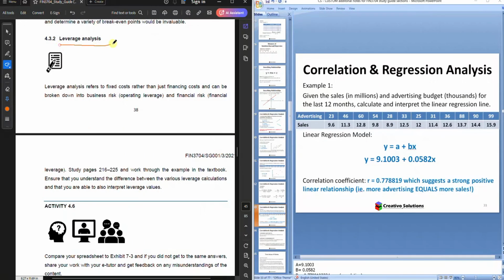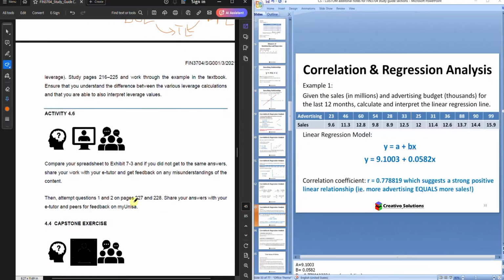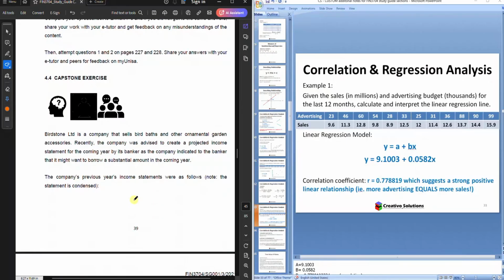Right, leverage, we saw that in the textbook now. Degree of operating leverage, DOL, this is revision from your previous module, and then financial leverage, DFL. With the two, you can work out total leverage. Remember that? Yes. Okay, those workings, how comfortable are you with those workings? I think I'm pretty comfortable.